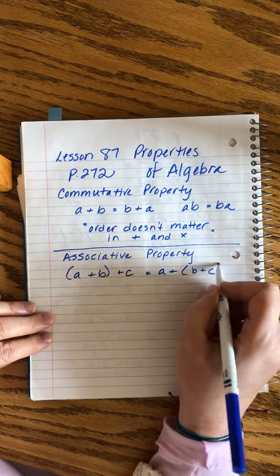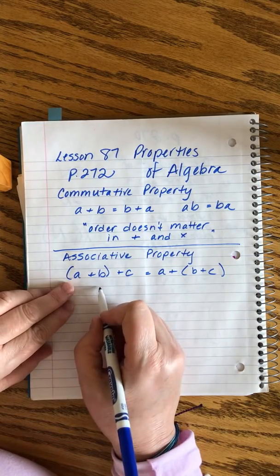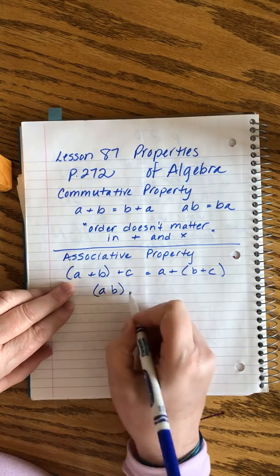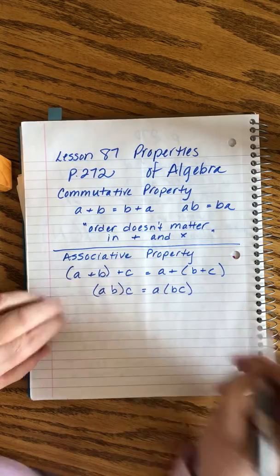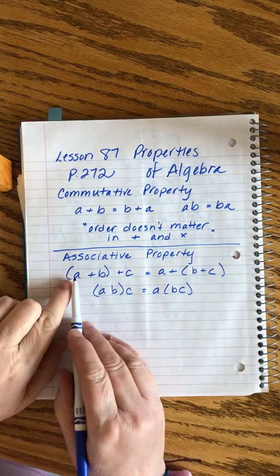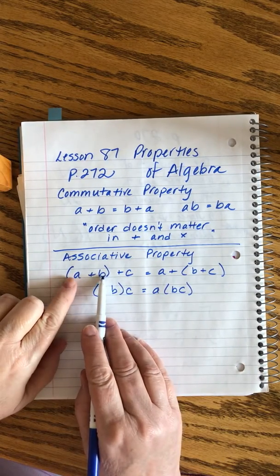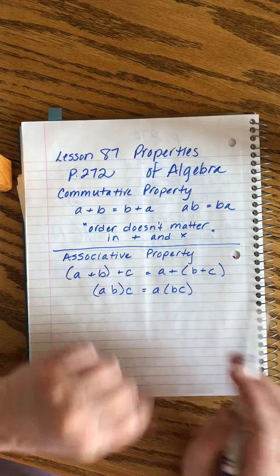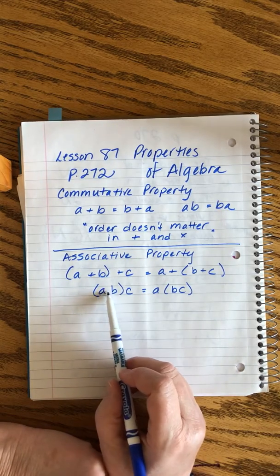It has to do with parentheses, and it works for addition as well as multiplication. What the parentheses do is tell us what to do first. If you have three numbers you're adding together, you can add the first two and then the third one, or you can add the second and third and then add the first one, and it'll get you the same answer. And here, the same thing.